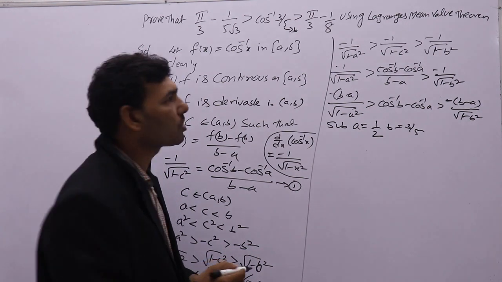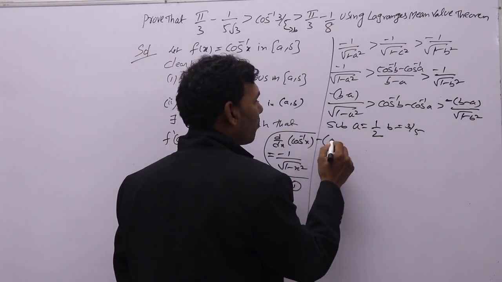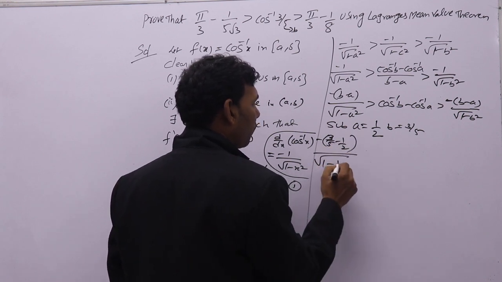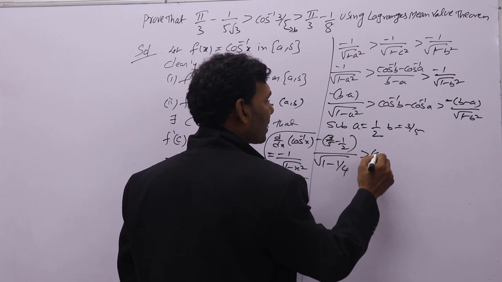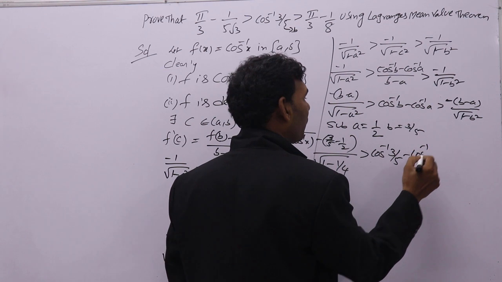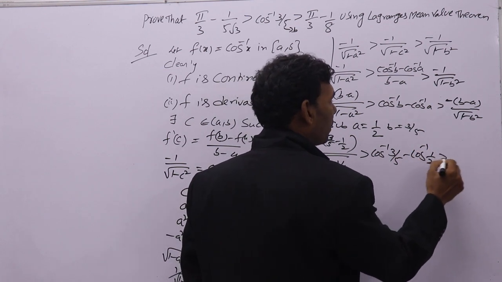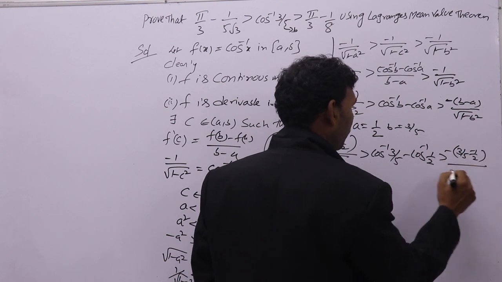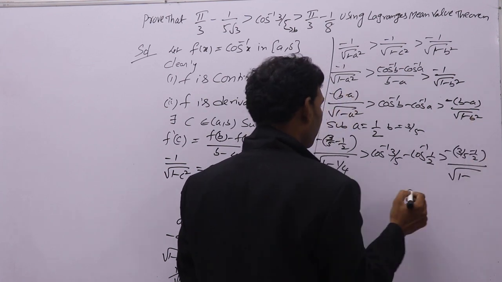These two values you need to substitute. So if you substitute, minus of (3 by 5 minus 1 by 2) by root of 1 minus 1 by 4 is greater than cos inverse 3 by 5 minus cos inverse of 1 by 2, which is greater than minus of (3 by 5 minus 1 by 2) by root of 1 minus b square.